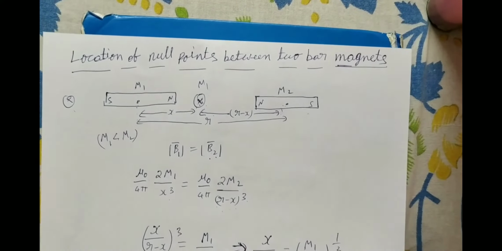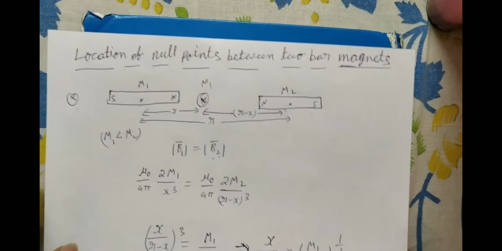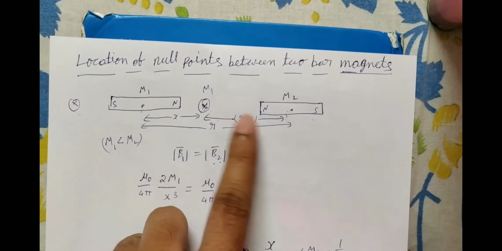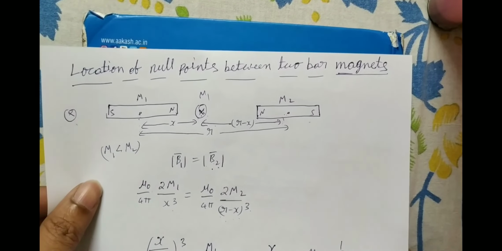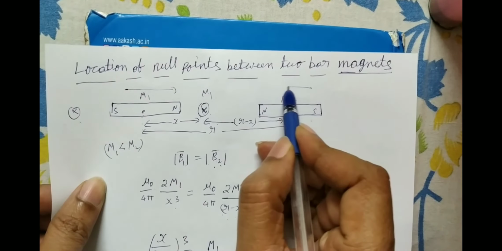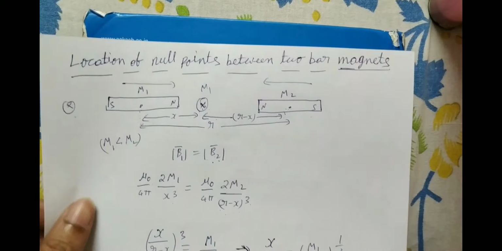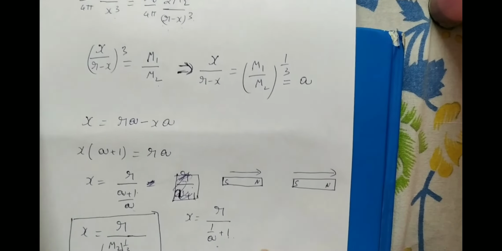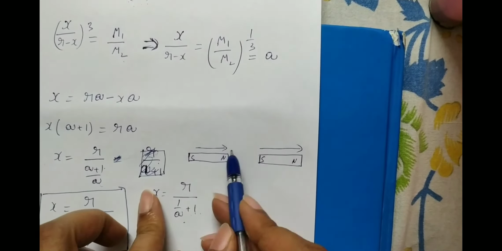Suppose we take another case, where both norths are facing or both souths are facing. For example, take the magnetic moment directions like this. What happens if you take both moments in the same direction?